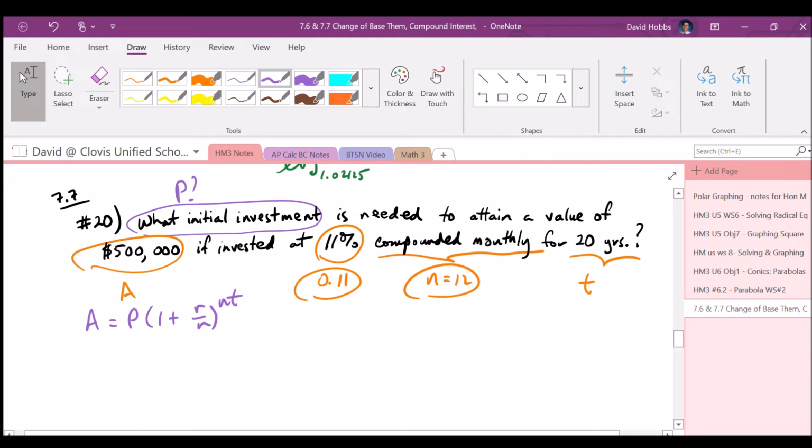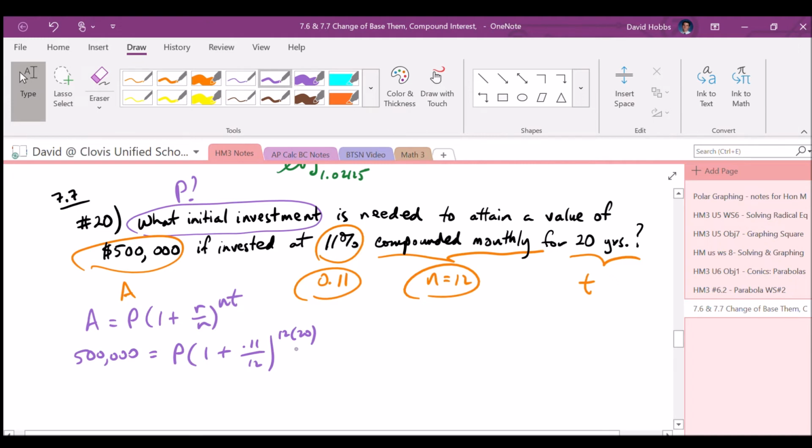And we're solving for P, so 500,000 equals P(1 plus my interest rate 0.11 divided by 12) to the, okay, compounded monthly, so 12 times 20. Where's my unknown?